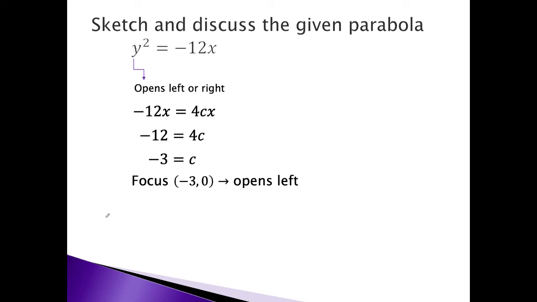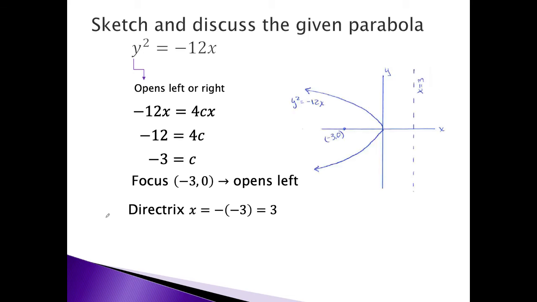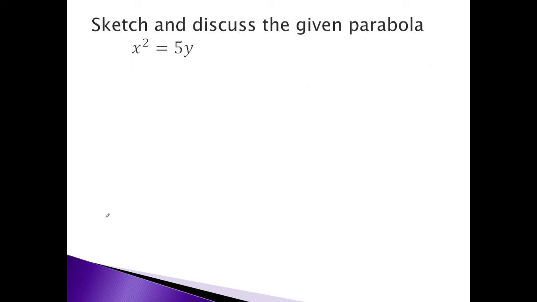Therefore, we know that the focus is (negative 3, 0), which tells us that the parabola opens to the left. We know that the directrix is x equals negative c, negative negative 3, which is a positive 3. This gives us the graph shown, and we have an axis of symmetry that is y equals 0, or the x-axis.